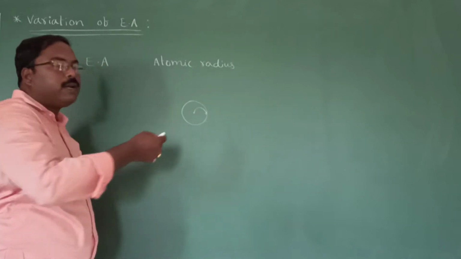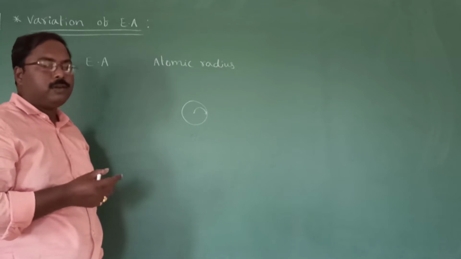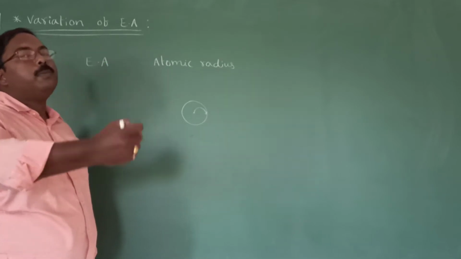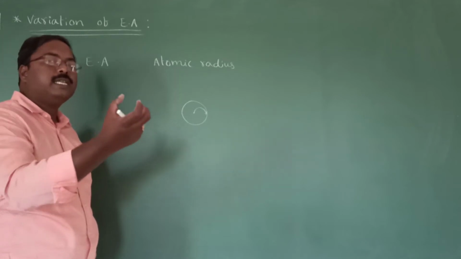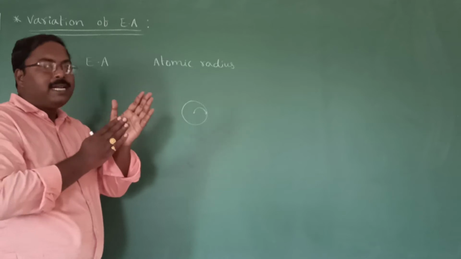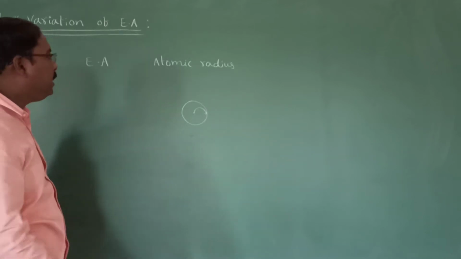So the nucleus attracts the electrons strongly towards it. Smaller the size, the effect of the nucleus will be more on the outermost orbit, so it is able to attract the electron strongly. When an electron is added strongly, automatically it releases more energy.